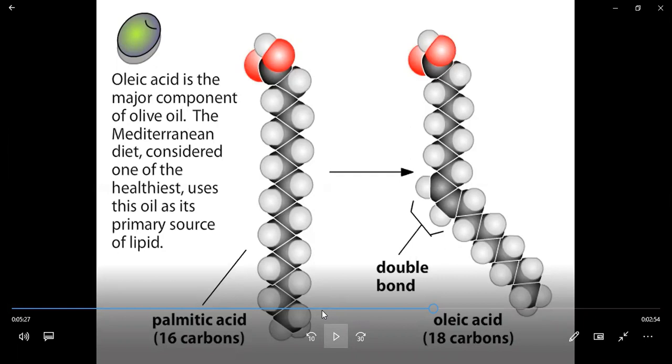And if there is only one double bond, it becomes a monounsaturated fatty acid, that is MUFA. But some are polyunsaturated fatty acids. We will see it now. They have 2 or 3 double bonds in their chain, so they are extra twisted, and they are polyunsaturated fatty acids, PUFA.